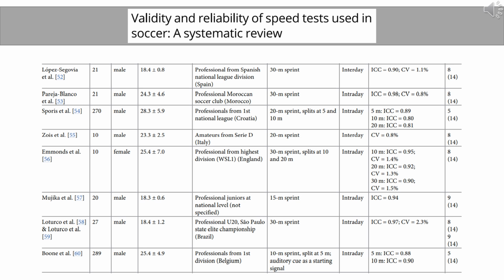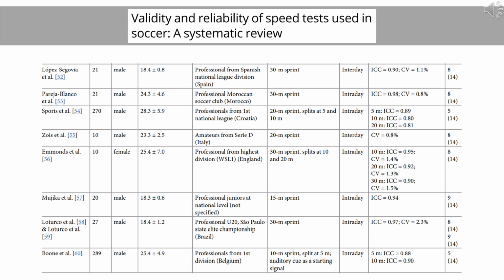Given that there are a very, very high number of studies that have reported reliability and validity of sprint testing in football players or soccer athletes, I thought it would just be useful to present a summary slide from a systematic review that's been previously conducted.